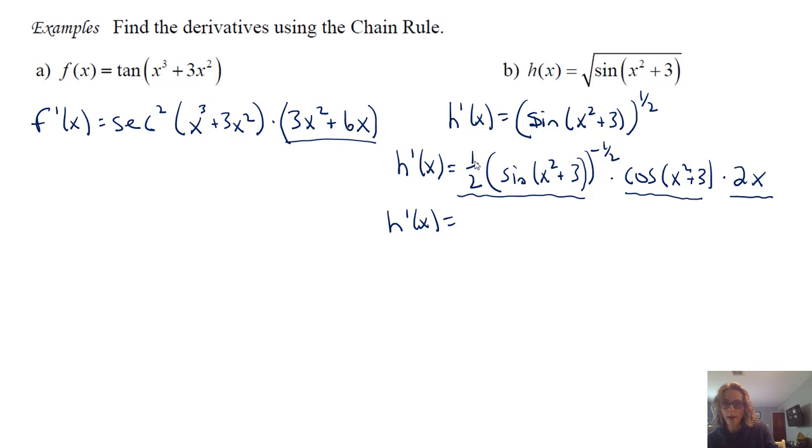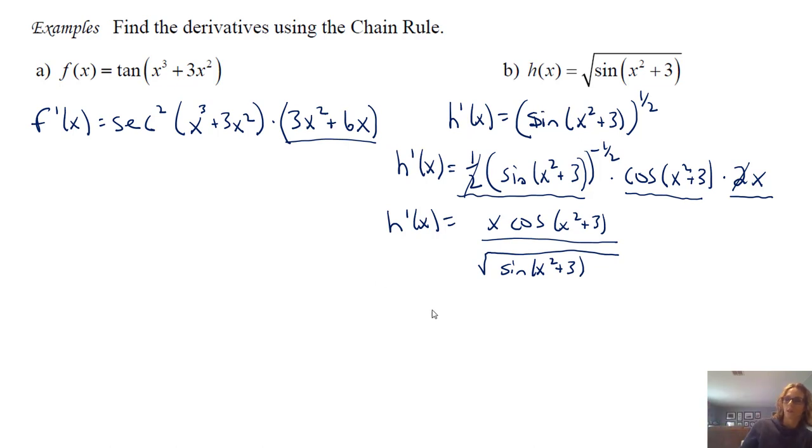The 1/2 would simplify with the 2, and I'd have x cosine of x squared plus 3 all over the square root of sine of x squared plus 3. And if the problem says do not simplify, don't even do this, just leave it as the line above, that's fine. Sometimes we are just testing that a derivative can be taken.